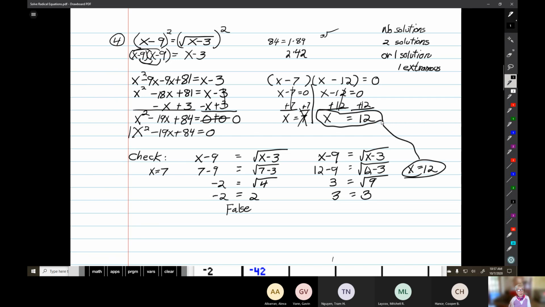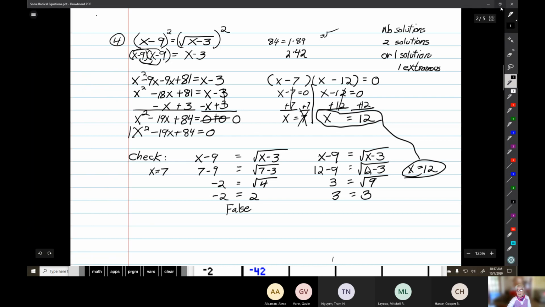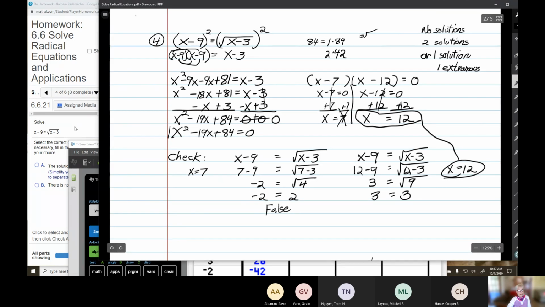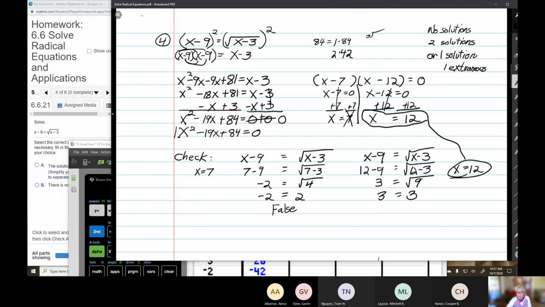But when you have to do it, you have to do it. So, that is the most common occurrence when you're solving a radical equation.